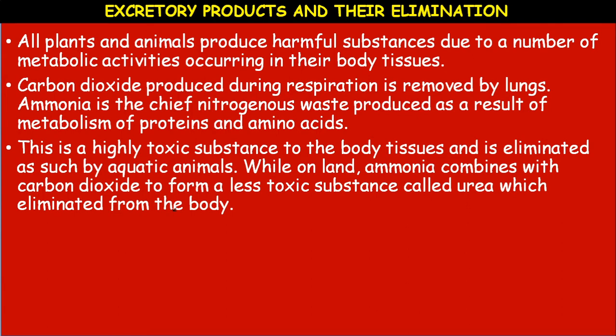While in land animals, the ammonia combines with the carbon dioxide to form a less toxic substance called urea, which is eliminated from the body. Okay, in aquatic organisms, ammonia NH3 is eliminated as it is, whereas in the terrestrial animals, land animals, this ammonia combines with the carbon dioxide and forms urea, CO(NH2)2.